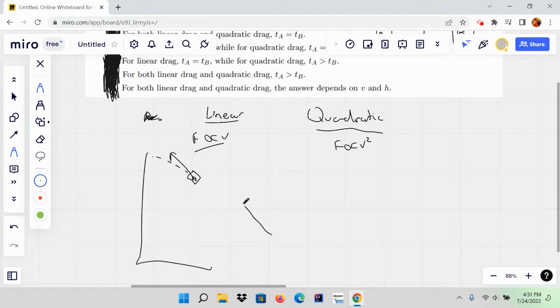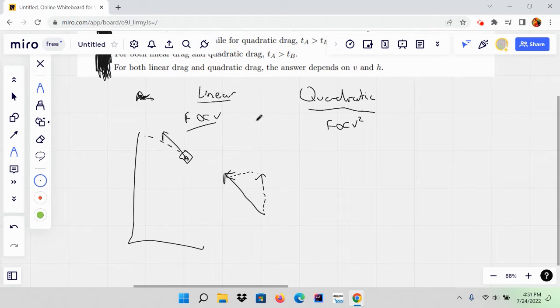If we magnify this, we see your force is going to be pointing in the opposite direction of the velocity, and it's going to have a horizontal component and a vertical component. So let's just say that the force is equal to some constant A times V. All right, so this means that this is A times V.